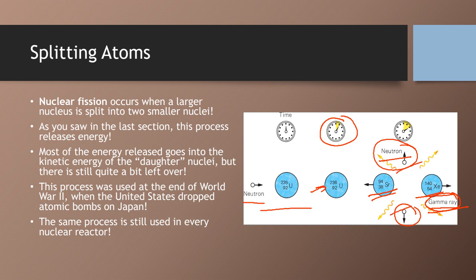And those neutrons are going to move. Most of the energy that's released from this splitting, from this fission, is given to the kinetic energy of the daughter nuclei and those neutrons. But there's still some left over. That leftover energy gets released as electromagnetic radiation.